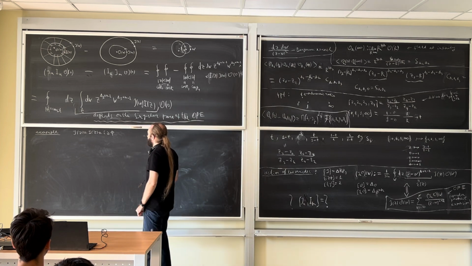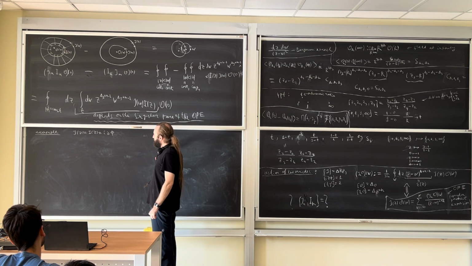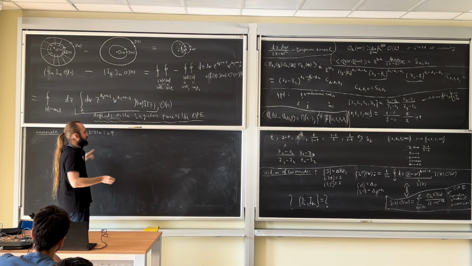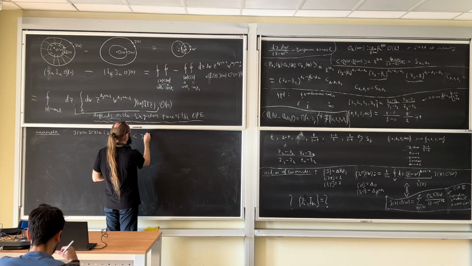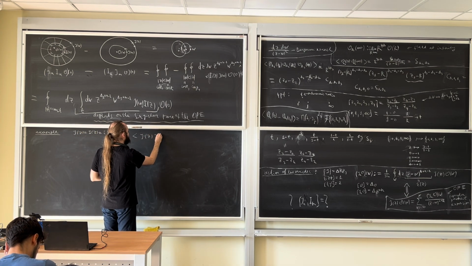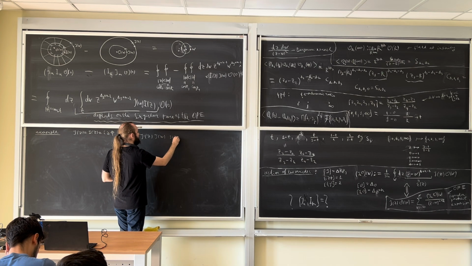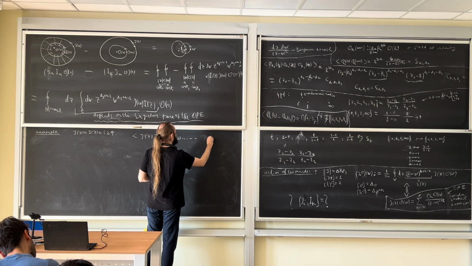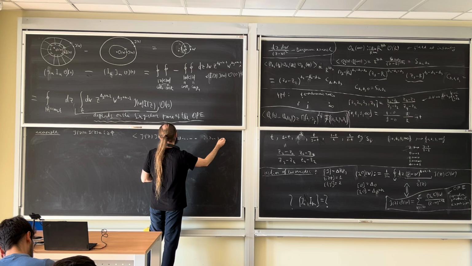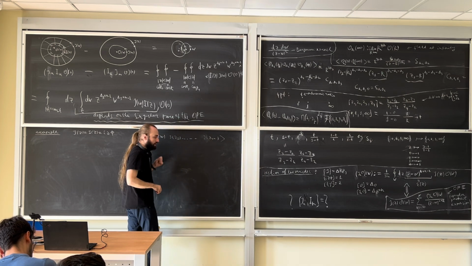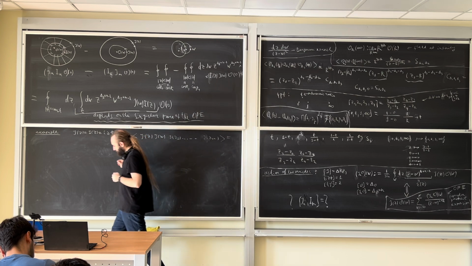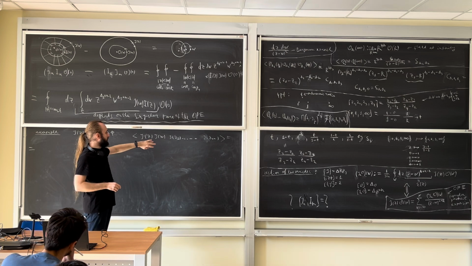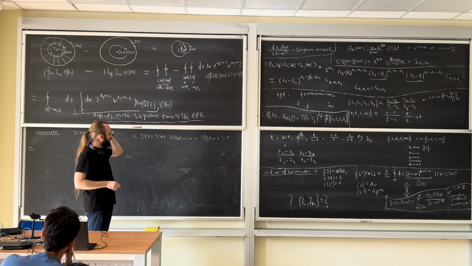So let me remind how we compute correlators including these J's. For example, if we want to compute a correlator of some J of z, J of w, J of z1, J of zn, that is non-vanishing. Maybe not necessarily J's; we can put phi's or some other operators. It does not really matter.